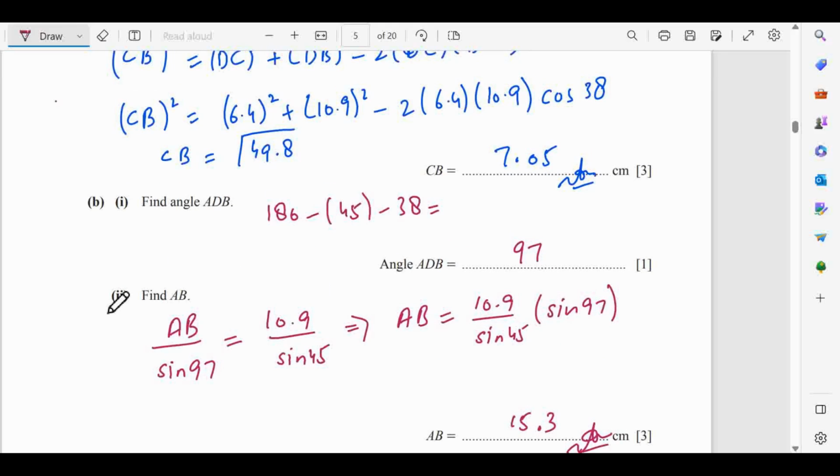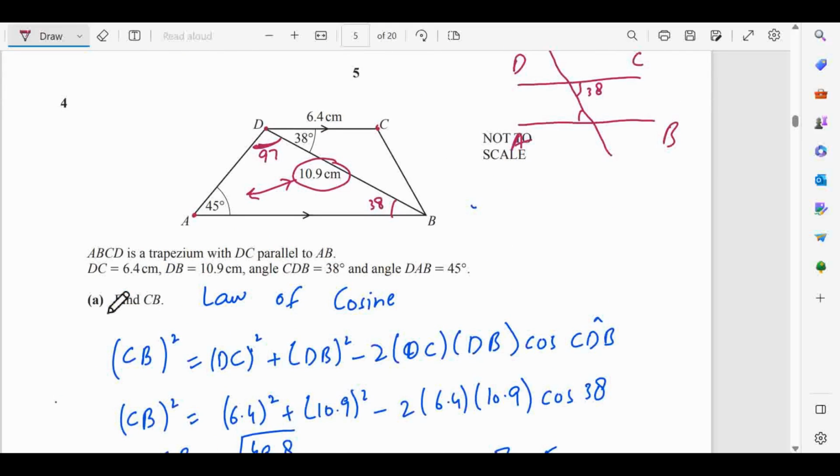Now area of the trapezium. We know that the formula for the area of the trapezium is 1 by 2 into sum of the parallel sides into height.